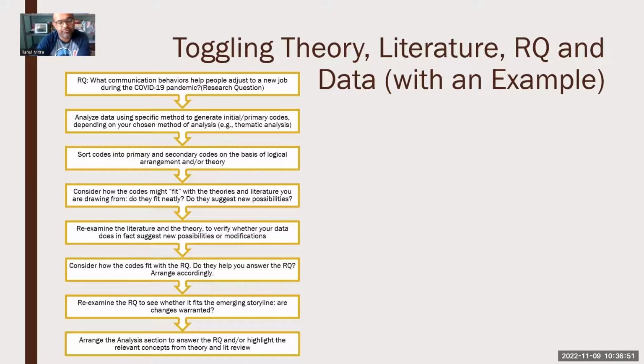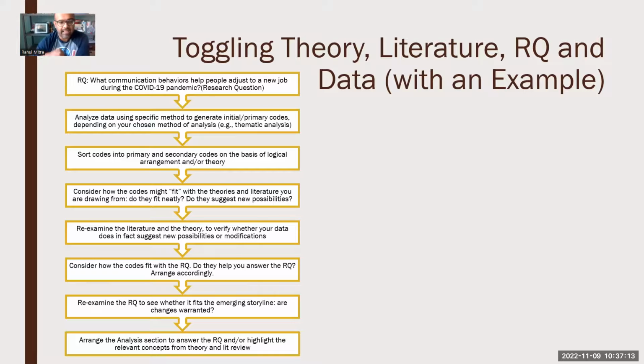Sometimes it is important to re-examine the research question to see whether it fits the data, to see whether it fits the emerging storyline. And this is usually the part where sometimes you might realize that some changes or tweaks to the research question are warranted, right? So again, we're talking about this toggling or multi-directional influence.